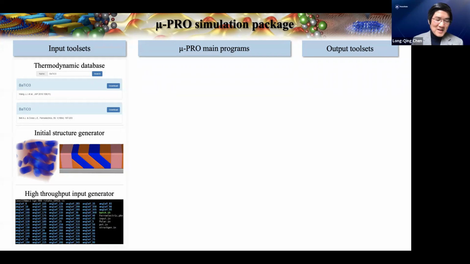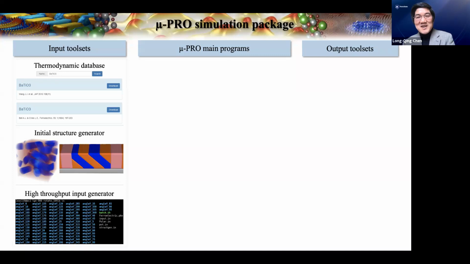And we also have ways to set up high throughput calculations. For example, if you want to generate a diagram of how the domain structures of a ferroelectric crystal will change with temperature and strain, we can fire up hundreds of simulations, just like experiments.